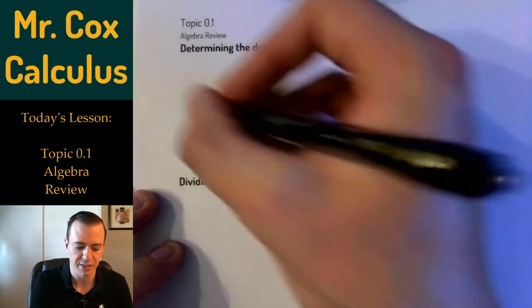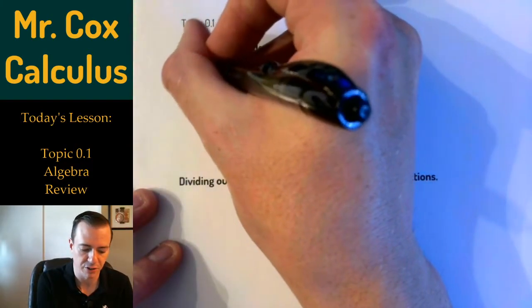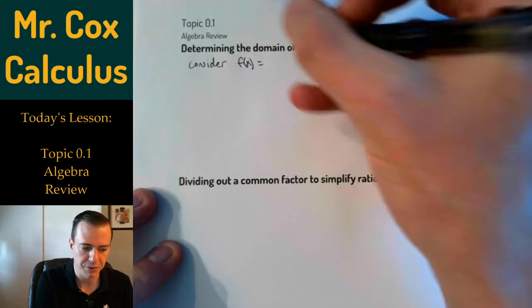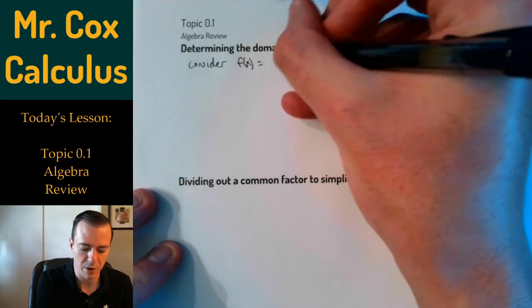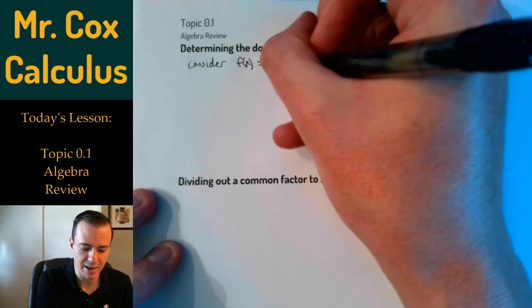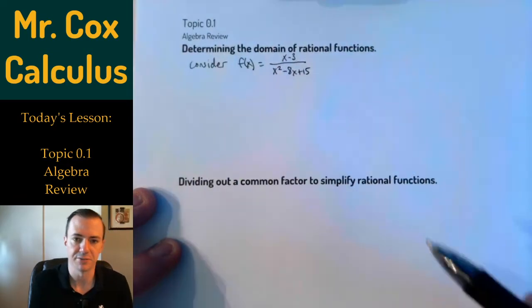So let's go ahead and consider a function. Let's consider the function f of x equals x minus 3 in the numerator, and in the denominator we'll do x squared minus 8x plus 15.